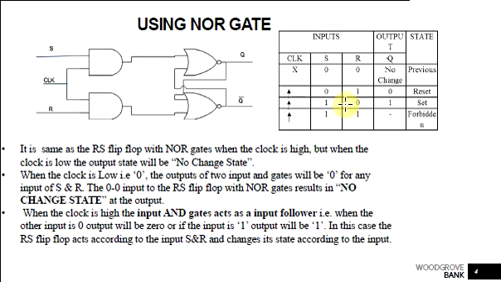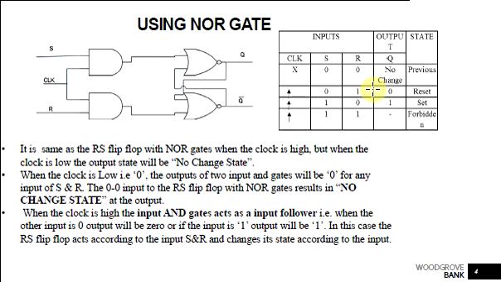This truth table is not complete. I will include the correct one in your lecture notes. You are supposed to have one more column here, and when the clock pulse is high, all these arrows correspond to clock activated signals. When the clock is activated, 0 0 is no change.